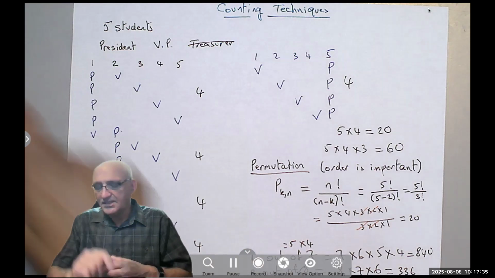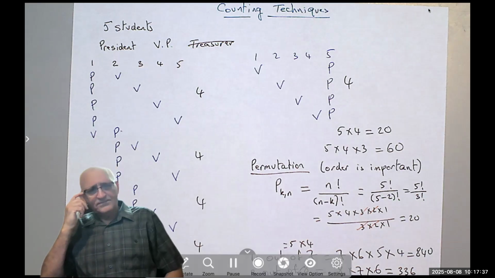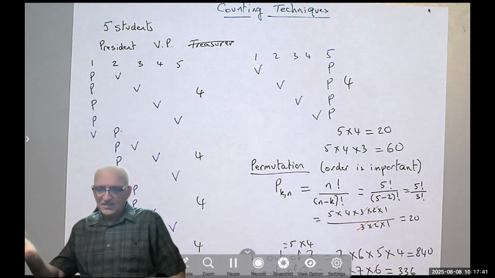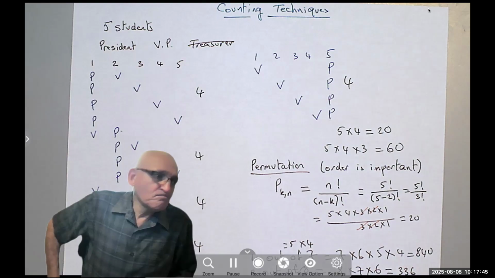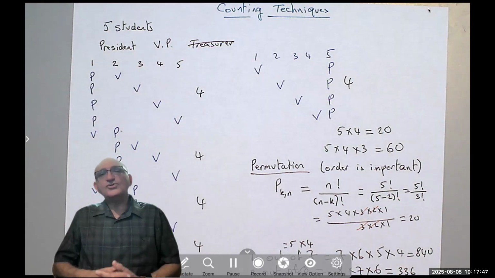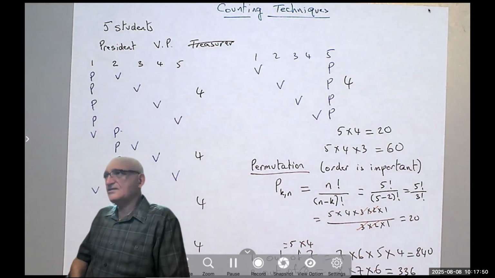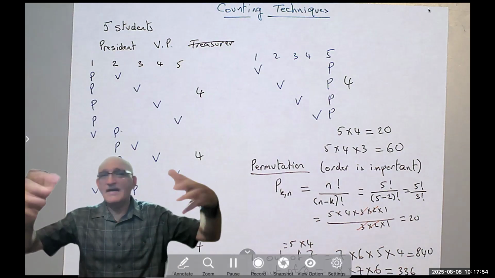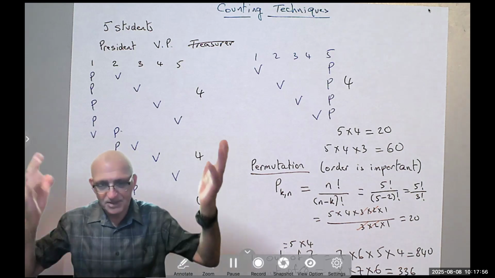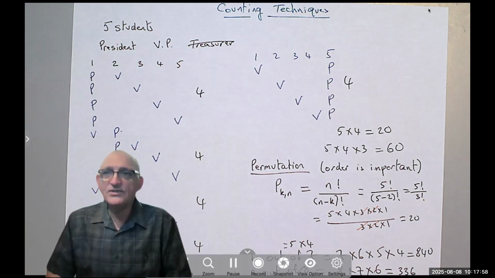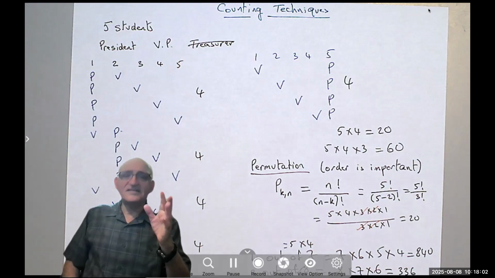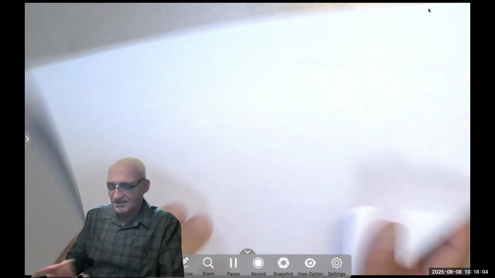Okay, someone would say, what if I'm selecting k objects out of n, but the order is not important? Say you select the best math student from each class, and maybe you selected 10 of them, and you want to... let's make it also a manageable number.